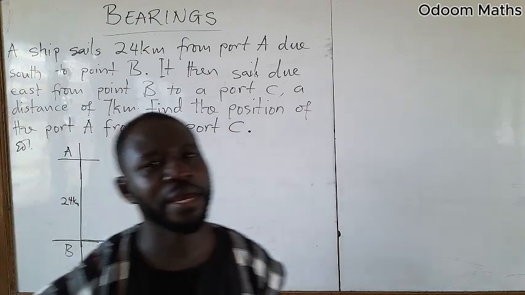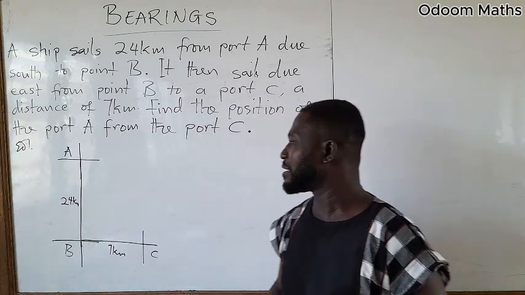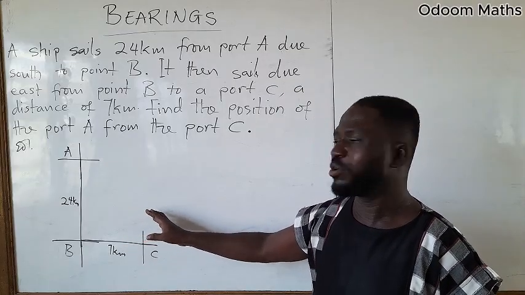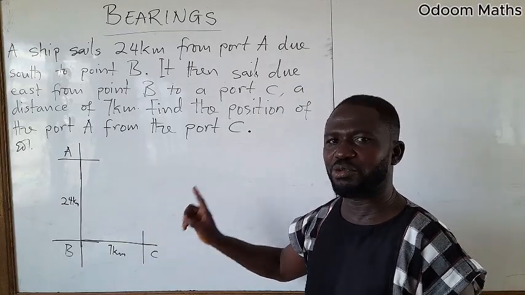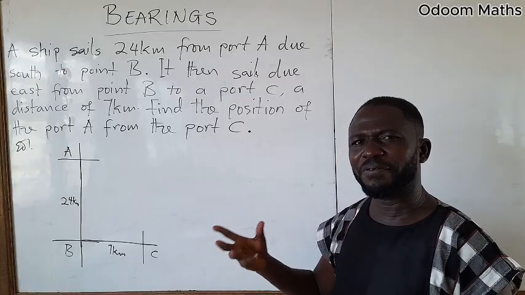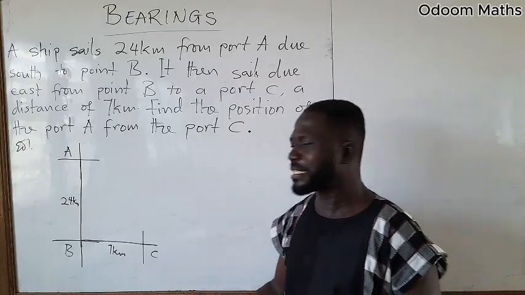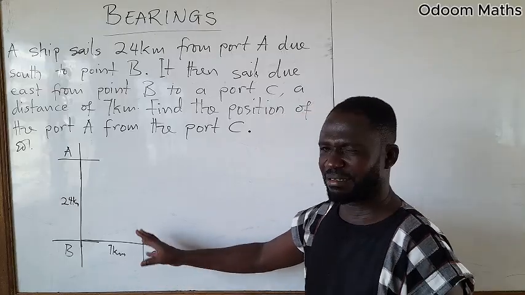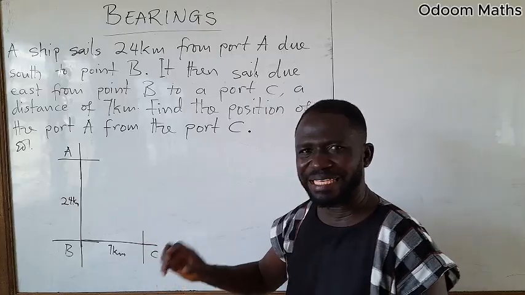Please, for answering bearing questions, normally the sketch or the diagram that we are going to draw is not to scale, but be mindful of the measurements. We know that 24 kilometers is definitely longer than 7 kilometers. So let's make it in this form so that we'll get the exact answer.